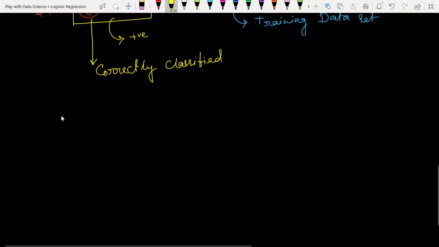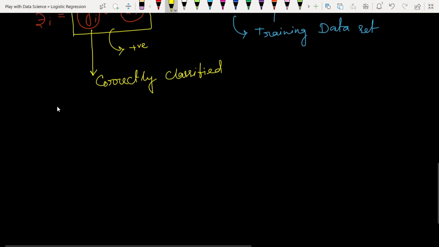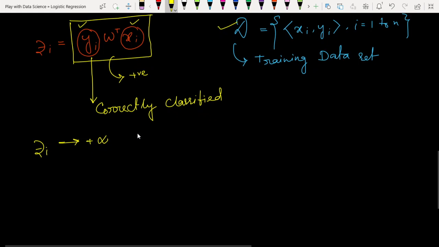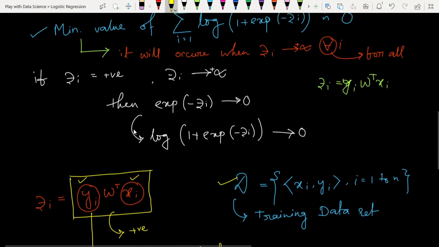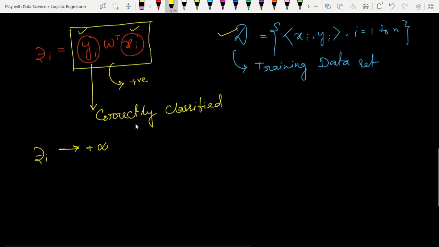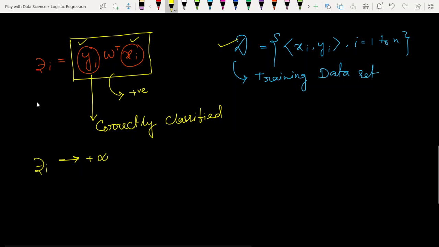So we find that when zi tends to plus infinity, we get the minimum value of our optimization problem, which is 0. We already know that xi and yi come from our training data set.